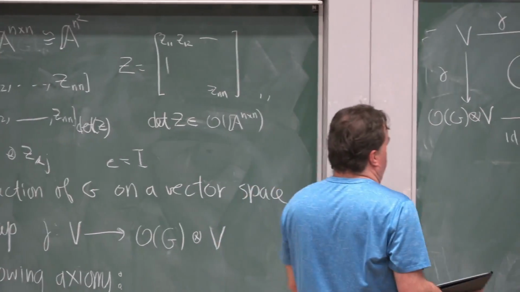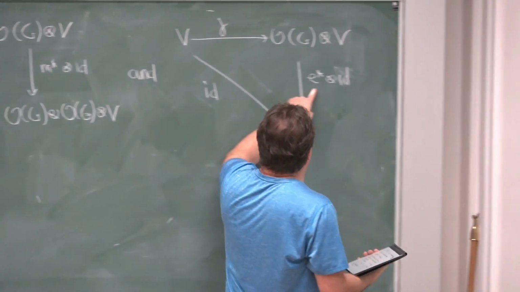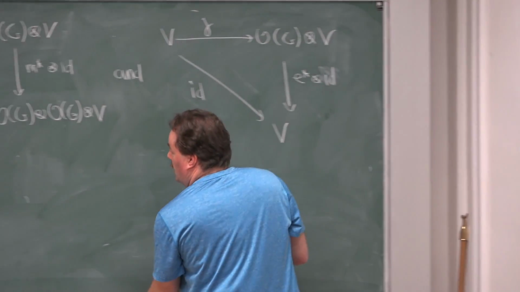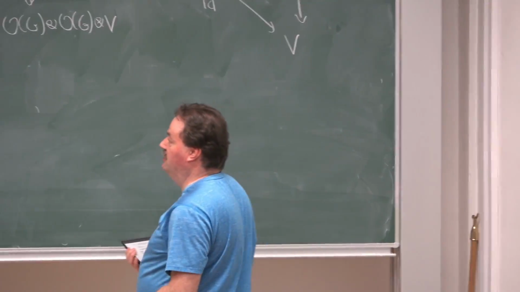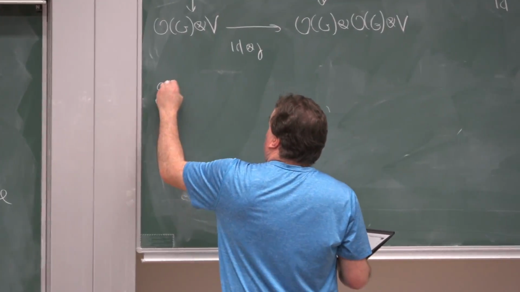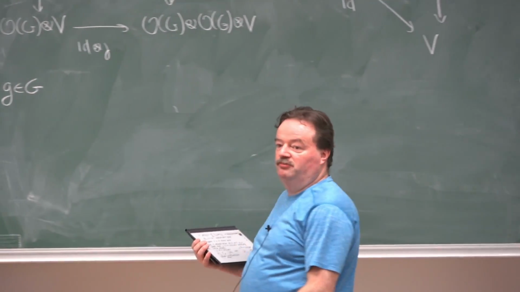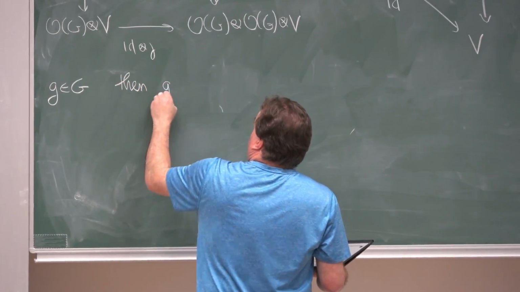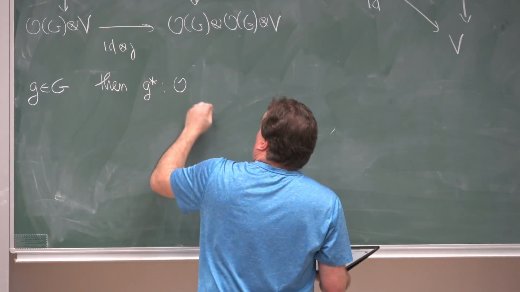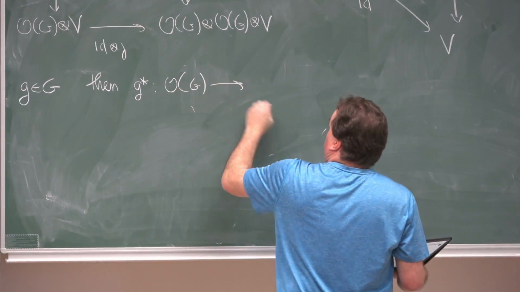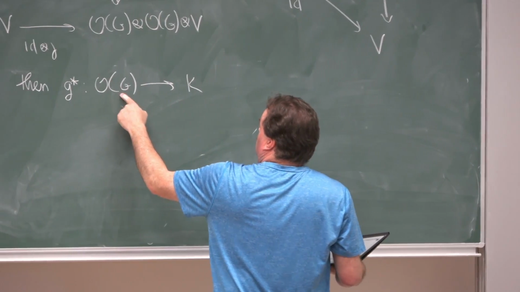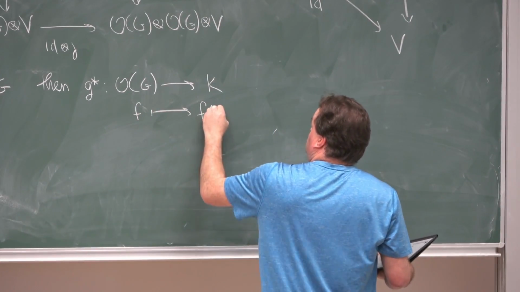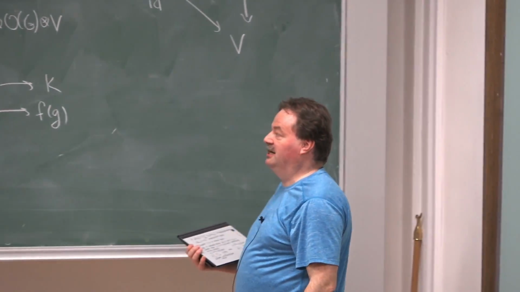Well, E I can think of as a morphism from a point into G, and then it's the corresponding algebra homomorphism. So more generally, right, if g lies in G, a K-rational point in G, then g star is a homomorphism from the coordinate ring to K, which sends f to f of g, right? That's evaluation at the point g.